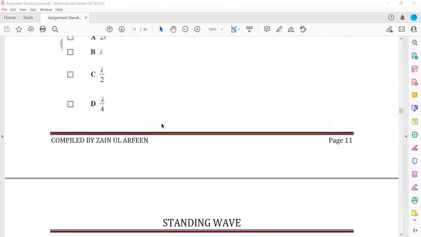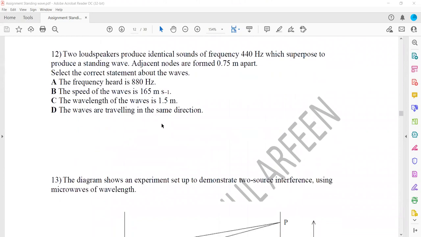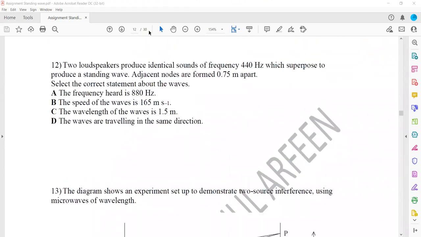Then this is related to interference, as we are only doing the transverse standing wave questions. Two loudspeakers produce identical sound of frequency 440 which superimposed produce a standing wave. The adjacent nodes are 0.75 meter apart. Select a correct statement. The minimum displacement points are known as nodes.